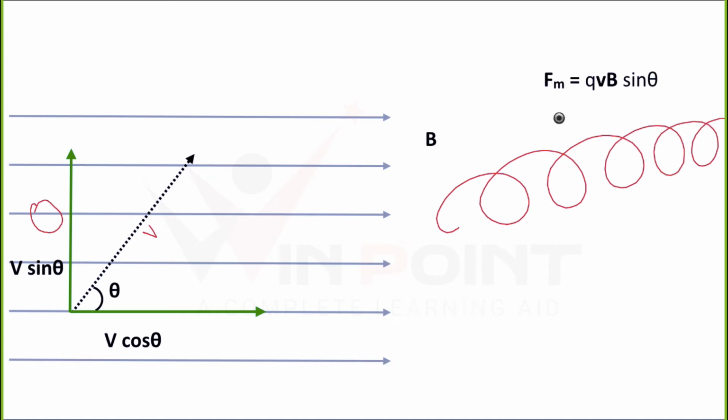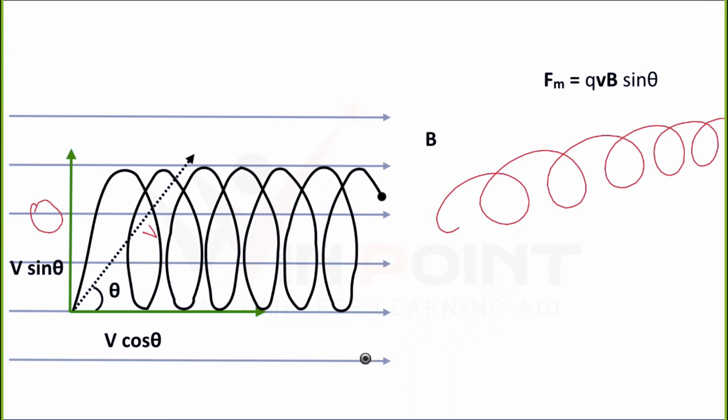Fm equal to qvB sin theta, and rotation happens because of v sin theta and horizontal movement because of v cos theta. So this is the reason for the helical motion of a charge in a uniform magnetic field if the charge is moving by making an angle theta with the magnetic field.